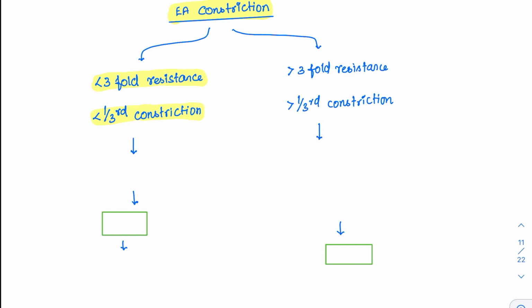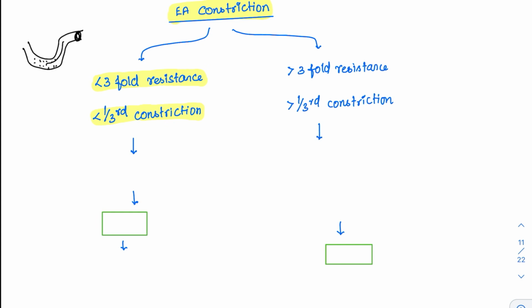So let's see what will happen whenever this much little constriction is done. This is the afferent arteriole and this is the efferent. Whenever little constriction is caused, there will be a back pressure here. This back pressure increases the hydrostatic pressure.